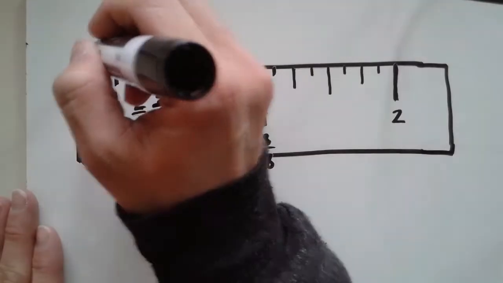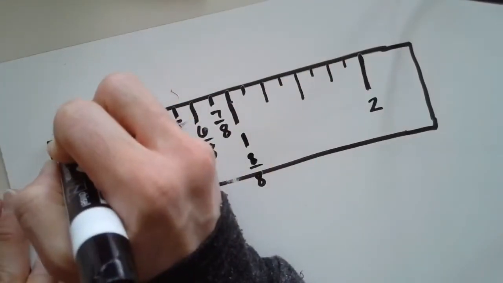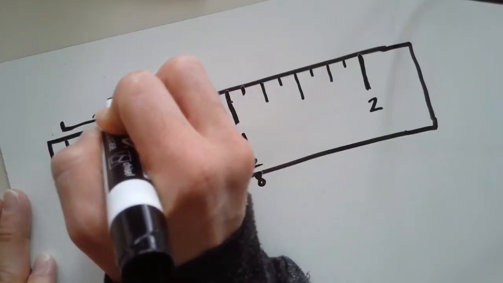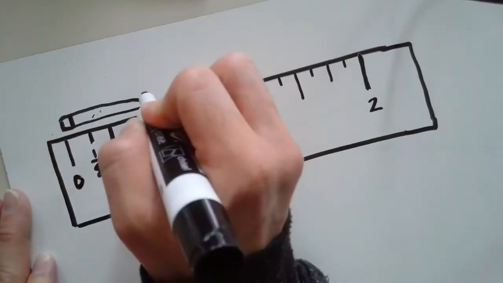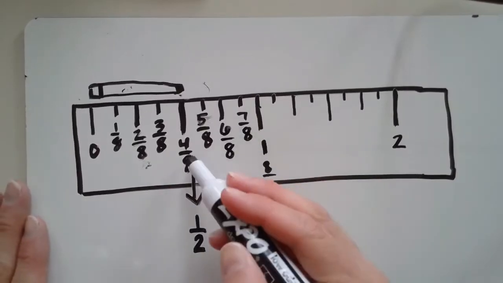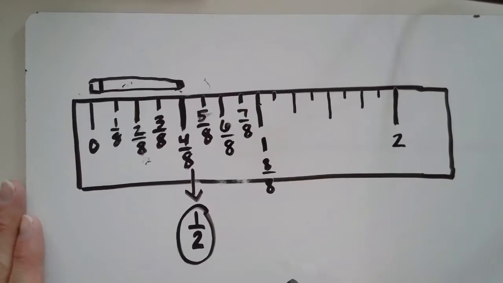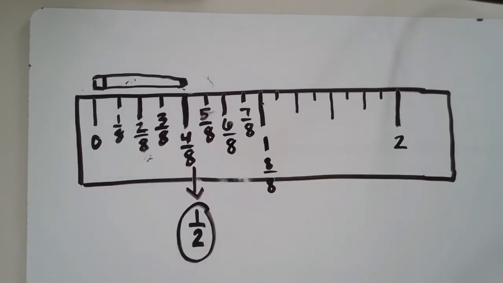So if I had a pencil and I wanted to know how long it was, okay, here's my pencil, I wouldn't say that it is 4/8 of an inch. I would say that it is 1/2 of an inch, because that's a more standard way to describe it.